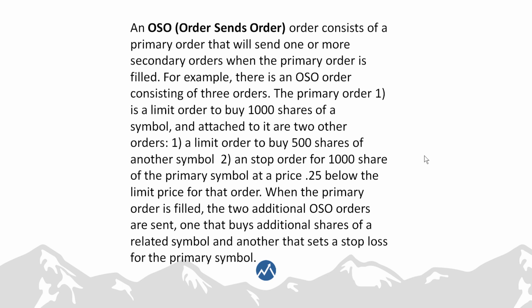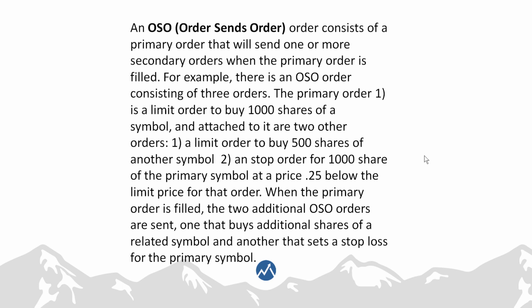The primary order is a limit order to buy 1,000 shares of something, and attached to it are two other orders: a limit order to buy 500 shares of another symbol, and a stop order for 1,000 shares of the primary symbol if that drops 25 cents below the limit price for that original order. When the primary order is filled, the two additional orders are sent, one that buys the additional shares of a related symbol and another that sets the stop loss for the primary order.